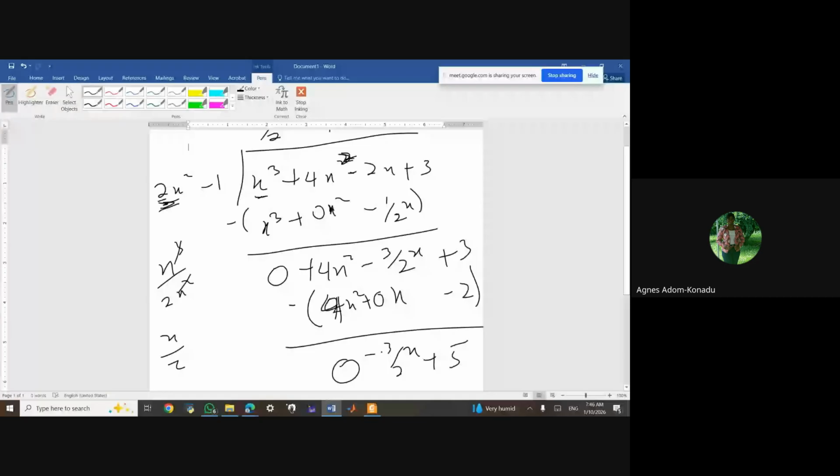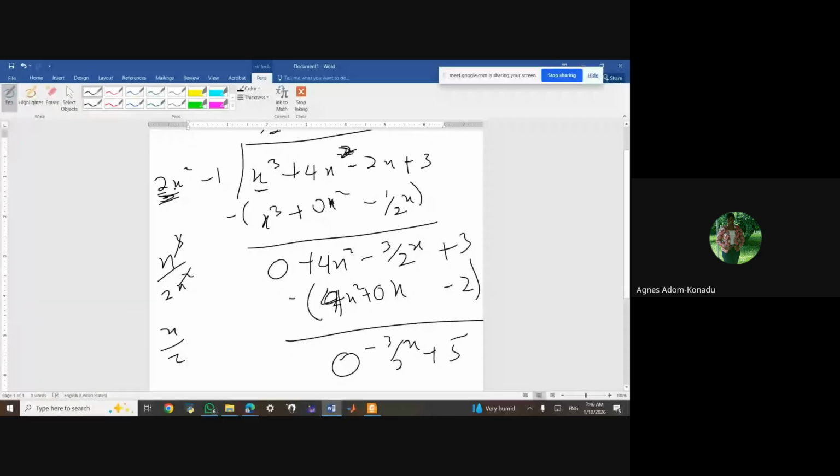Then I'll subtract negative 2, which is positive 2. So I'll add positive 2 to 3, which will give me 5. Then you can see that this is x to the power 2 and this is only x, so I cannot divide the function by this again. So this is my remainder. What I have here is my remainder.